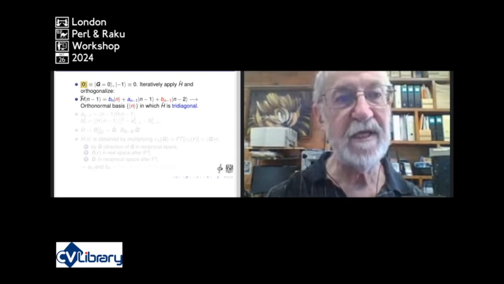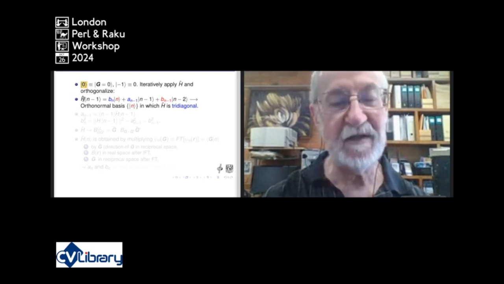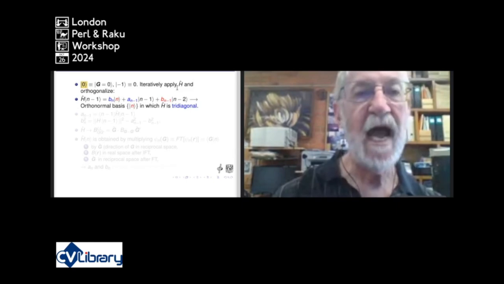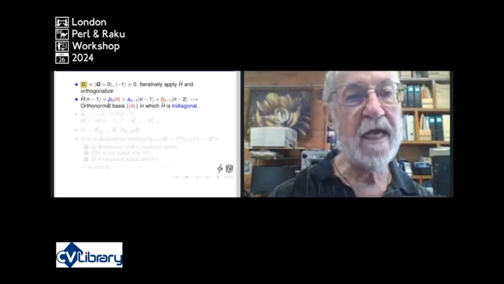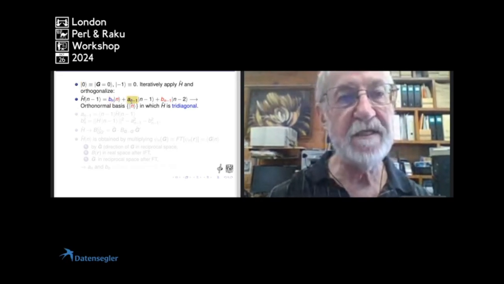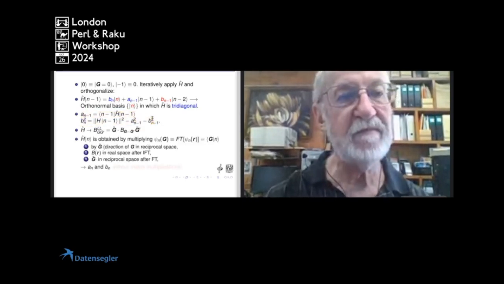If I repeat this procedure, from state 1 I get state 2, from state 2 I get state 3, etc. So the idea is to iteratively apply my operator and orthogonalize. And then when I orthogonalize and normalize, I get these coefficients, which are called the Haydock coefficients. This is how you calculate them, it's just simple formulas.